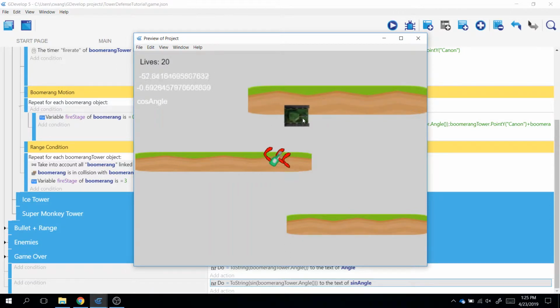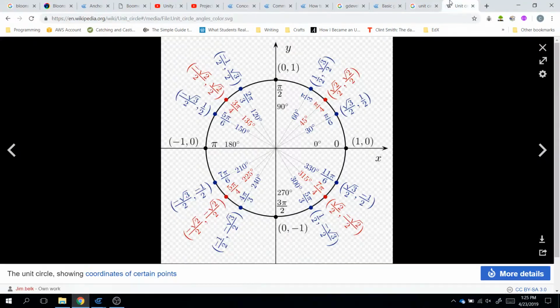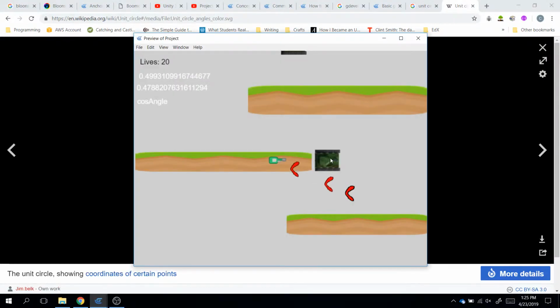Alright, so what the heck is happening? Let's go back to my unit circle. It should be 0 to 1, 0 to negative 1, or something along those lines. But if I look here, this one is angle, this one's sine of angle. The sine of 0 should be about 0, but why is it so close to negative 1?